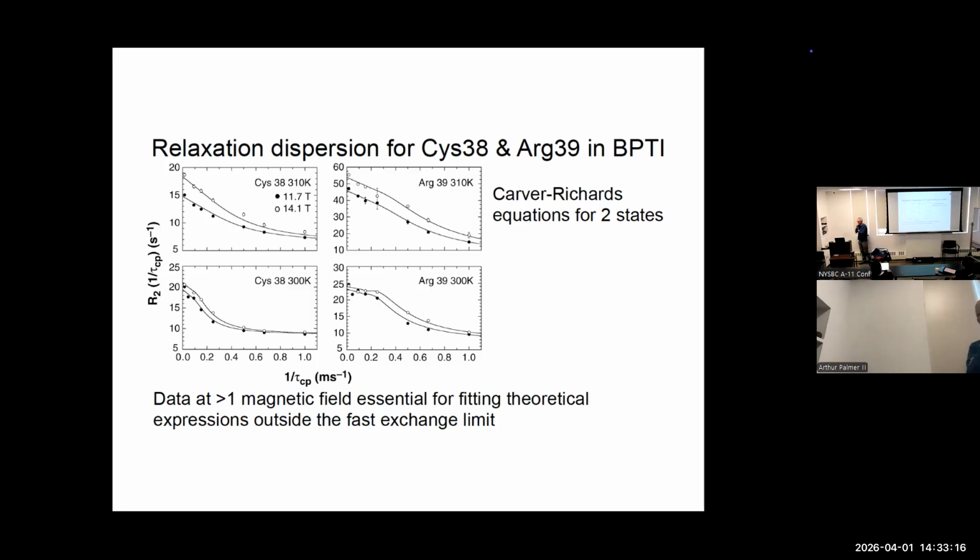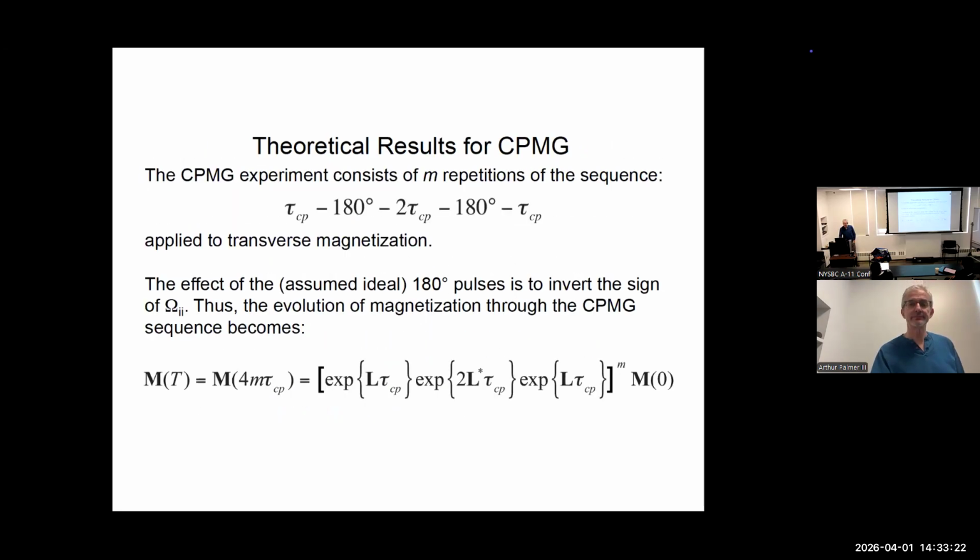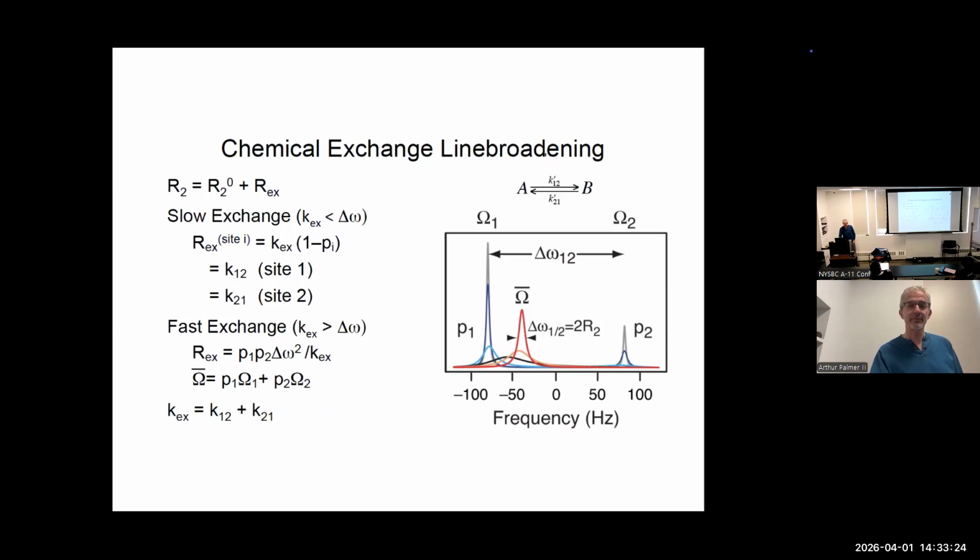One of the things about the fast limit equation right here is there's really only two parameters to fit: the variance and k_ex. We can't really separate the variance parts into delta omega and the population.